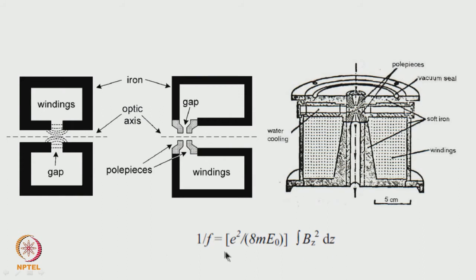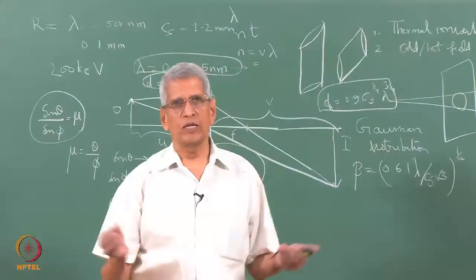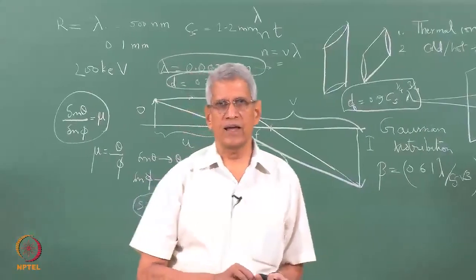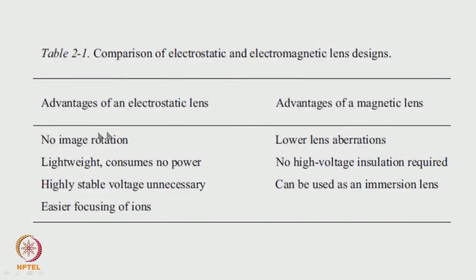This is the formula which is used to find the focal length of the lens. Generally, in electromagnetic lenses the focal lengths are of the order of 1 or 2 millimeters, whereas in optical lenses the focal lengths are of the order of tens of centimeters.